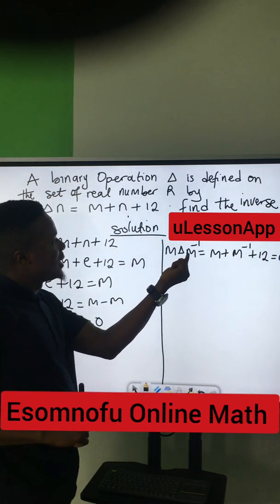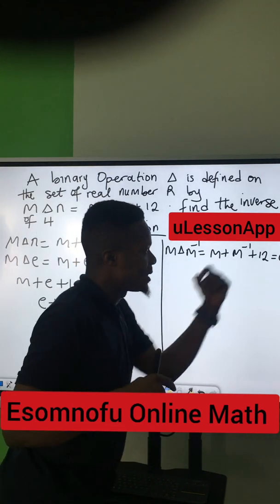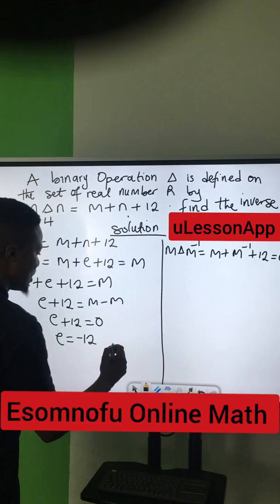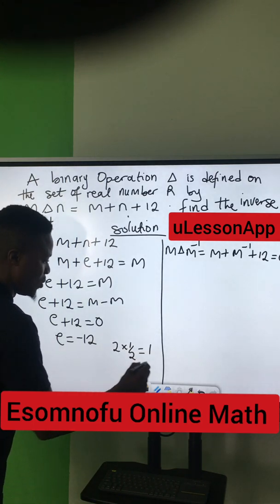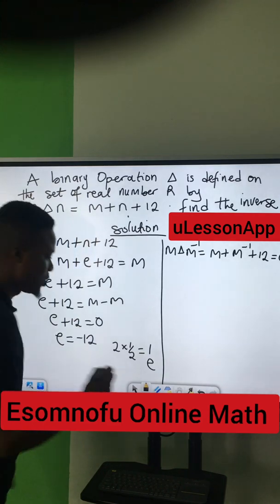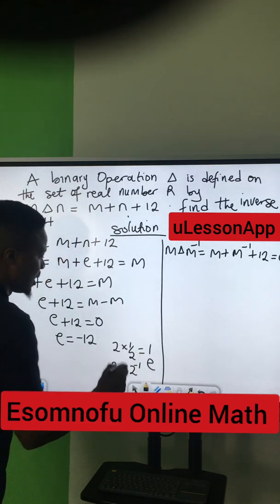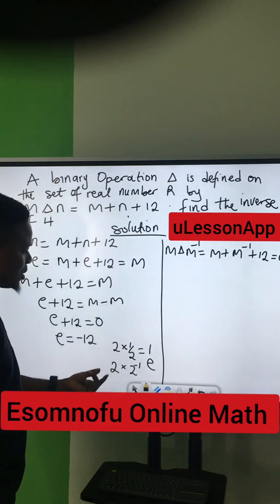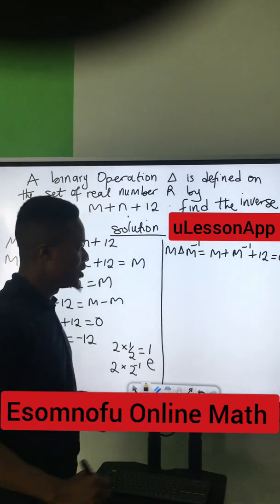Because whenever the inverse of an element operates with the element itself, you get the identity element. I gave an example when I said 2 multiplied by 1 over 2 is equal to 1. 1 is the identity of multiplication, 1 over 2 is the inverse of 2, and here is 2. Right? This 2 is representing A. So A star A inverse is always equal to E.